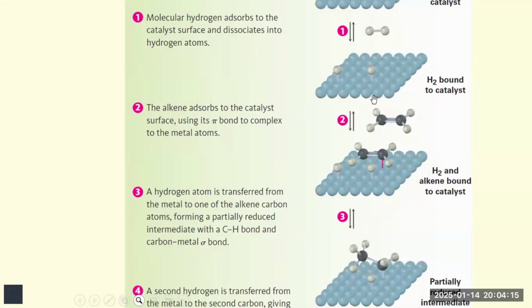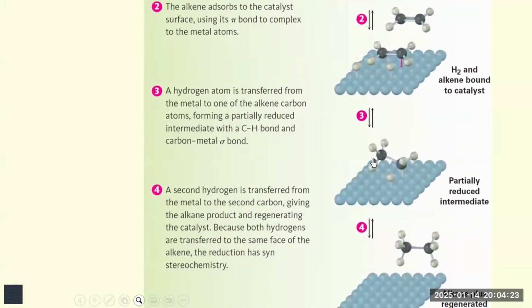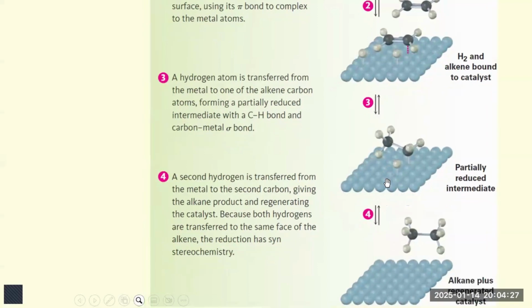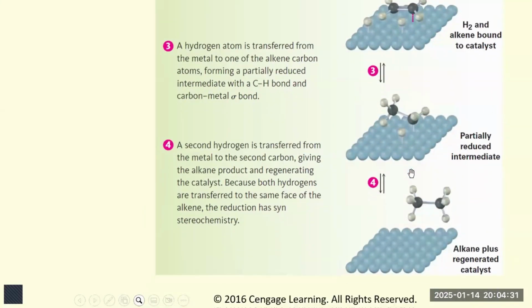So right here you have two hydrogens on the two sides of the double bond, right? And then it kind of floats over the catalyst. And as it floats over the catalyst, you see how it picks up that hydrogen there. And then it's still floating and it picks up that second hydrogen before it ultimately leaves as a saturated alkane.